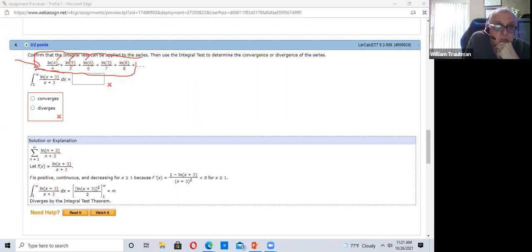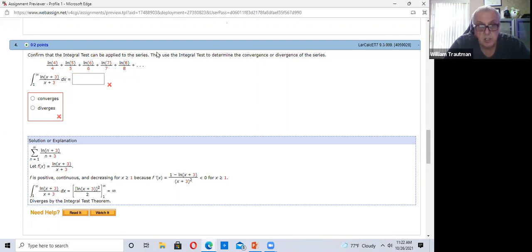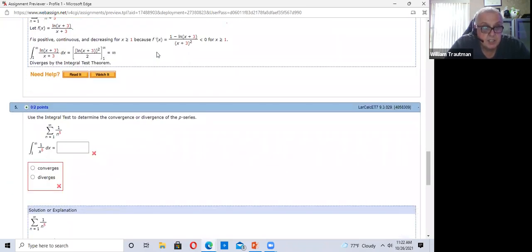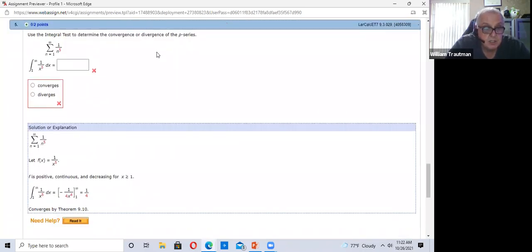They converted it to a function for us: when you plug a 1 in here, you get natural log of 4 over 4. You plug a 2 in here, you get natural log of 5 over 5, and so on and so on. You can take a look at that down there. Yeah, 9.10.